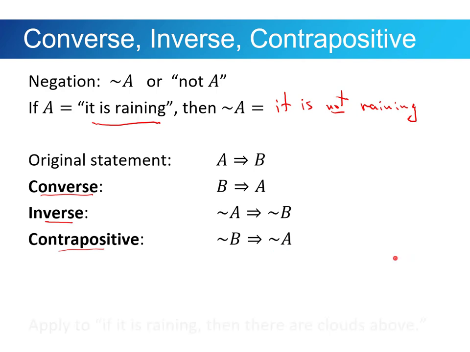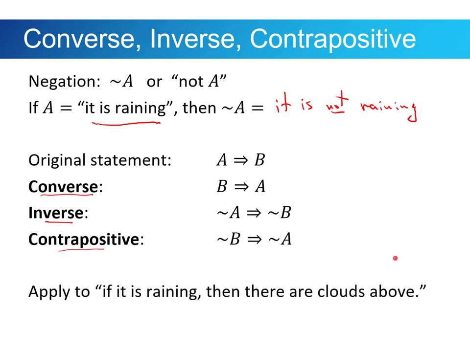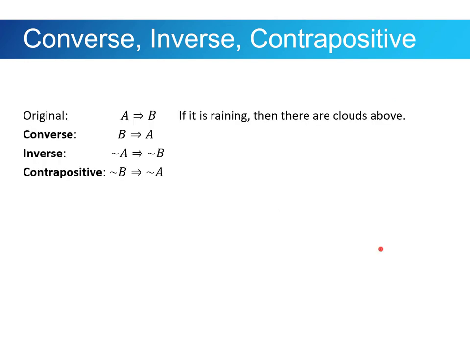So let's see how this works with an actual statement. Let's apply it to the statement, if it is raining, then there are clouds above. So it is raining, that's my statement A, and there are clouds above, that's my statement B. So the original statement, A implies B: if it is raining, then there are clouds above.